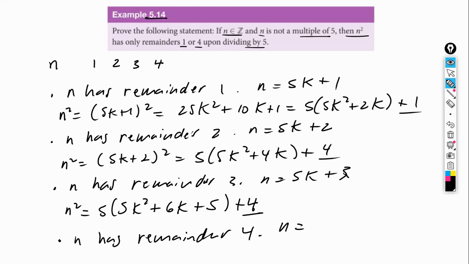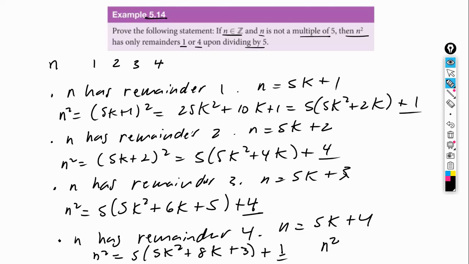So n we write in the form 5k plus 4. And then here, if you do the math, you're going to get that n squared is going to equal 5 times (5k squared plus 8k plus 3) plus 1. So that means that we would get a remainder 1. Therefore, we can say that n squared would only have remainders 1 or 4 upon dividing by 5.